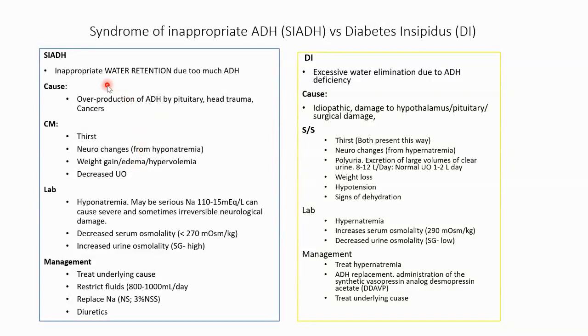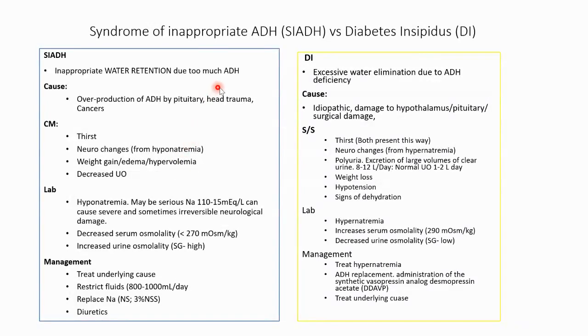Okay, so this is inappropriate water retention. They have a lot of water retention because they are not diuresing. So if you know what SIADH is, you understand that they have weight gain. Depending, they can have some edema, but that makes sense, right? And they have hypervolemia, a lot of volume in their blood, a lot of water.